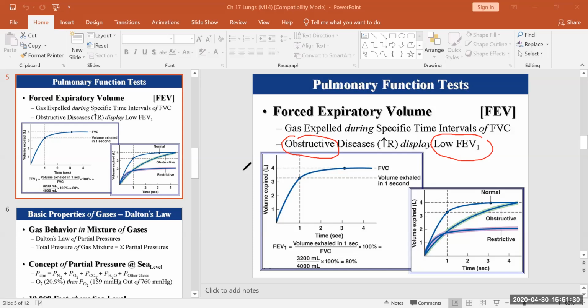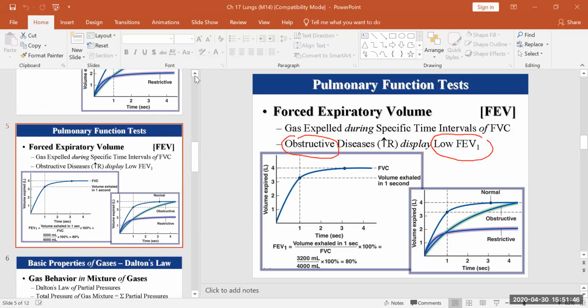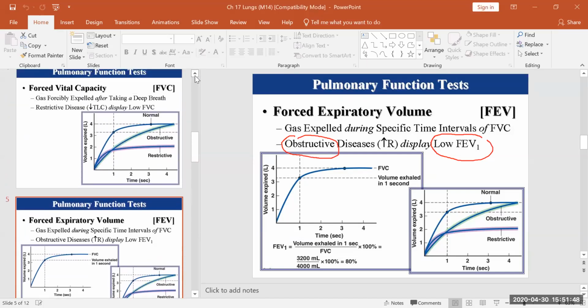Whereas the restrictive diseases will indicate a low FVC, forced vital capacity, sorry.